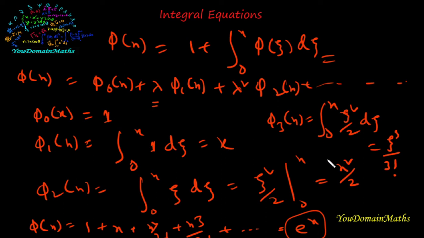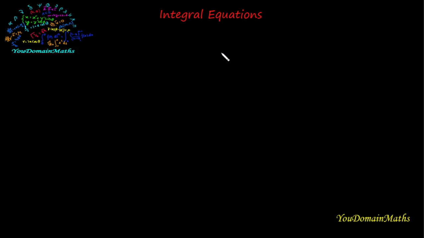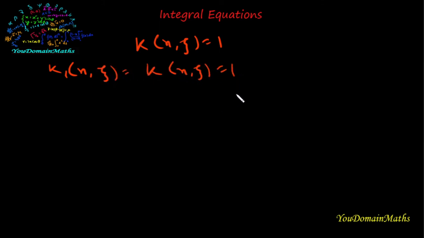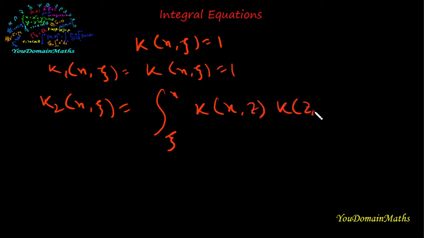Now I will find the resolvent kernel when the kernel is 1. When the kernel K(x, xi) equals 1, then we know that the first kernel K1(x, xi) equals 1. The iterated kernel K2(x, xi) equals the integral from xi to x of K(x, z) K(z, xi) dz.